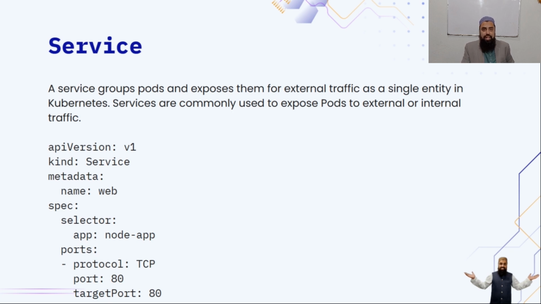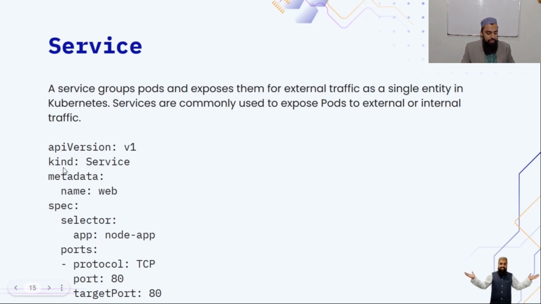But in order to understand a service in Kubernetes, I am the user and my application runs on the pods. Now, the bridge between me and the pods is the service. A service lets users interact with the applications that run on pods, and that's why guys I have shared the simplest code of a service.